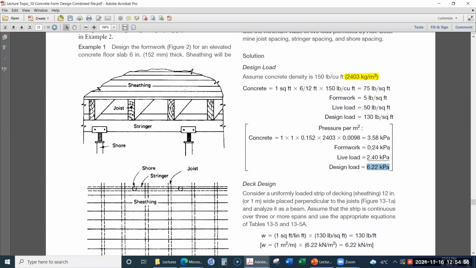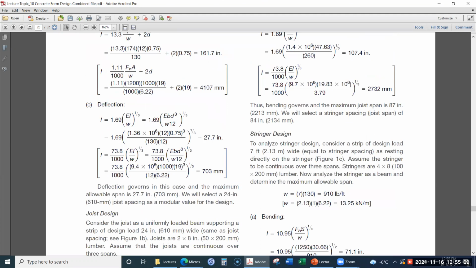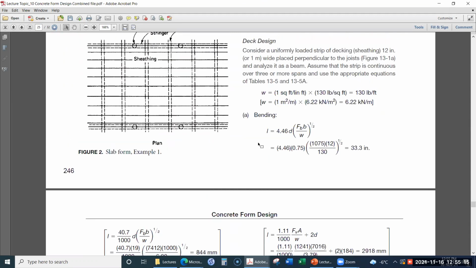In the case of shear, the shear stresses will be so great that the slab will fail with the shearing force. Or the deflection will be excessive, more than our required limit. So we will determine this span length based on these 3 criteria, and for this we will need to use the appropriate equation.